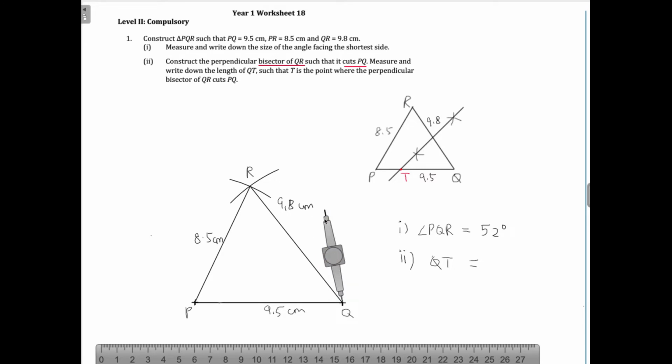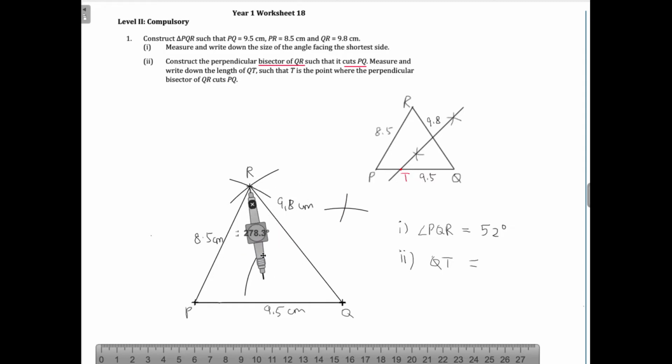We draw an arc on one side of the line and another arc on the other side of the line. Without changing the width of the compass, we bring the compass to the point R and draw an arc over the first arc.